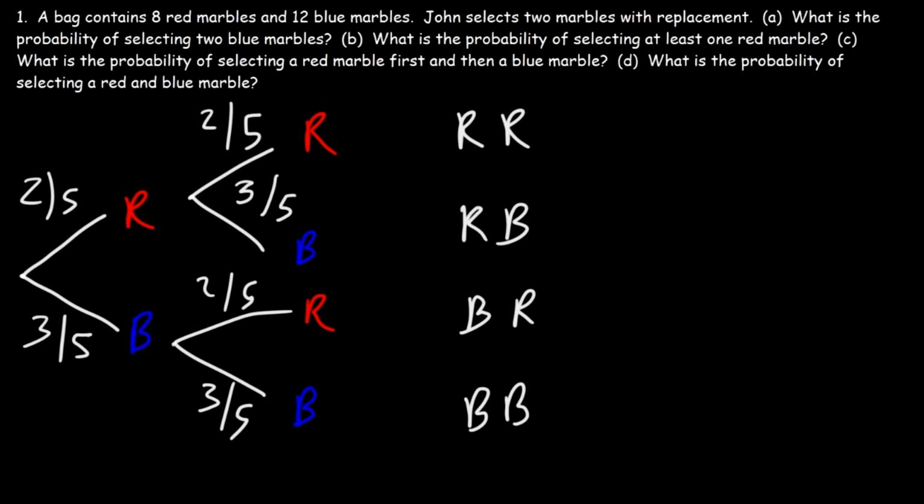Now let's calculate the probability that corresponds to each outcome. So what is the probability of getting a red on the first try and another red on the second try? Now just to review, whenever you hear the word and, when you're connecting two events, you need to multiply. When you hear the word or, you need to add.